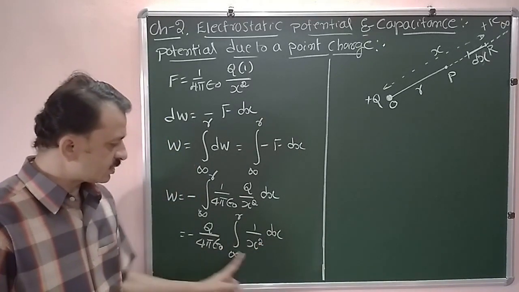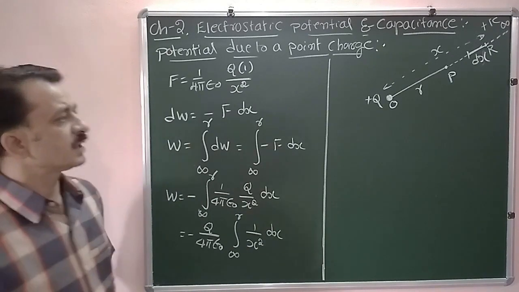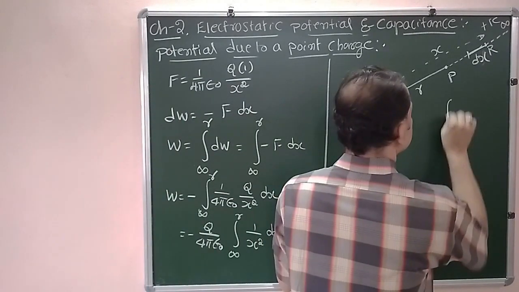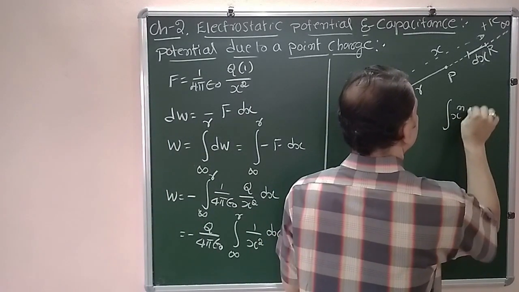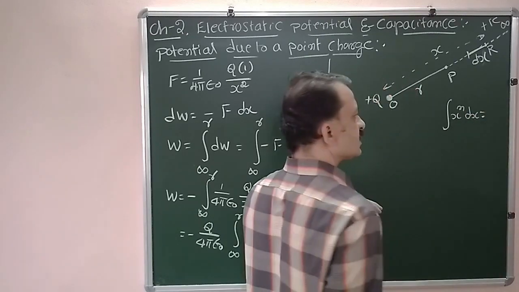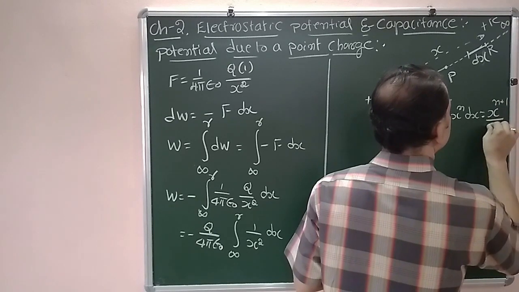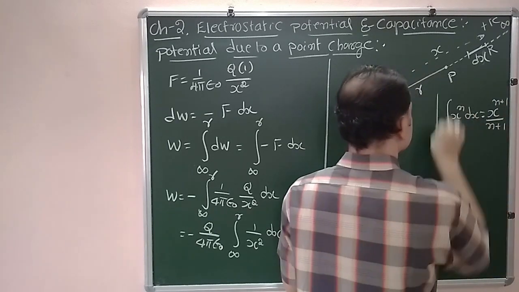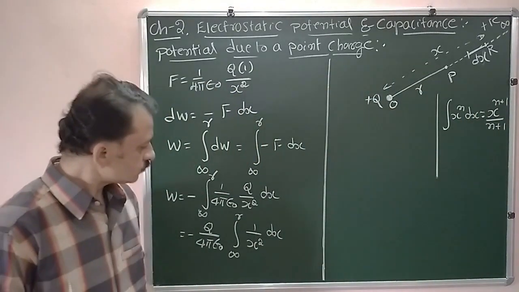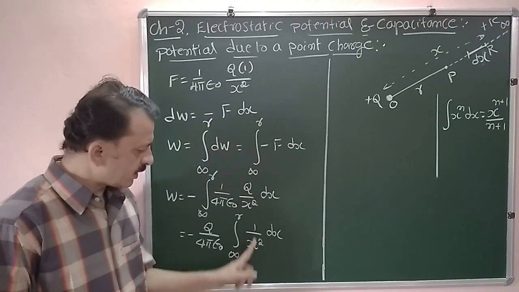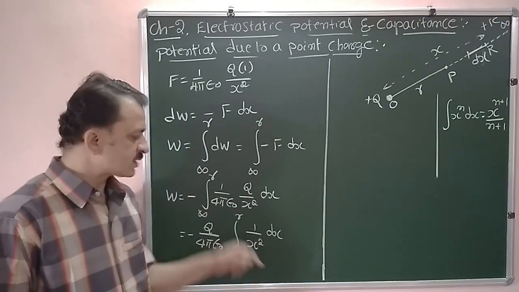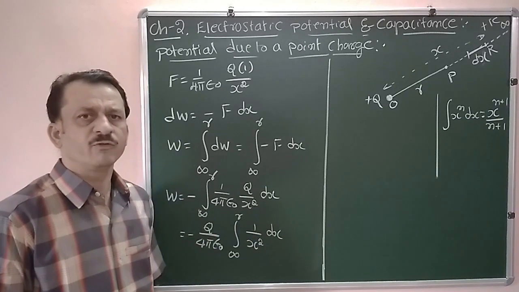Now we have to integrate this. We know the integration formula: the integral of x to the power of n with respect to dx is equal to x to the power of n plus 1 divided by n plus 1. Here we have 1 by x square. If I take x square to the numerator, it becomes x to the power of minus 2.